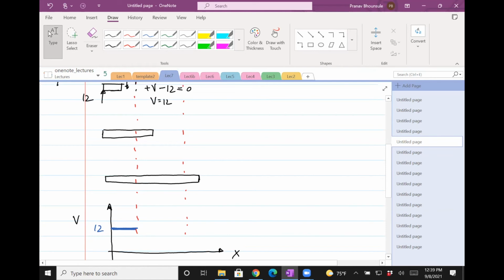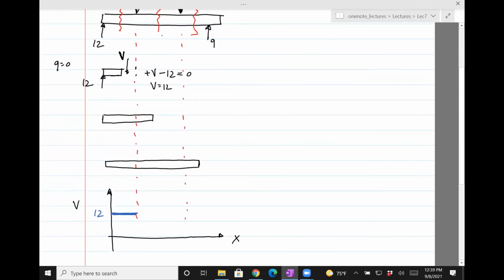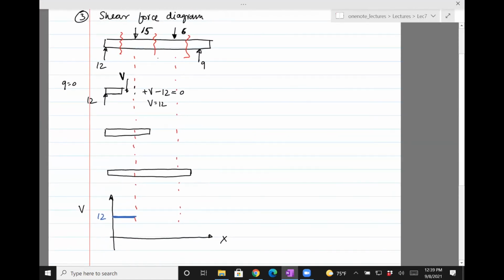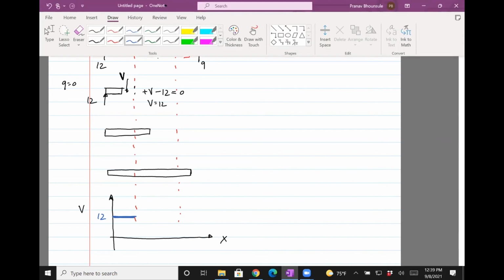It's going to be the same for the entire section, because between 12 and 15, all the way to just slightly left of 15, the only shear force is because of the reaction force 12. So it'll stay 12, and I do not need to compute that at every location. We'll do it a little faster now.